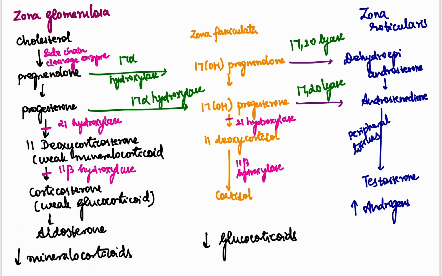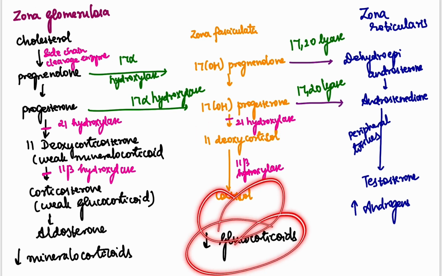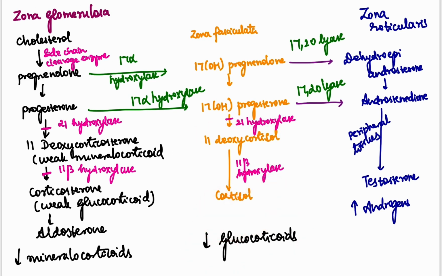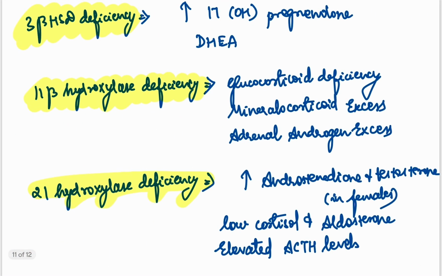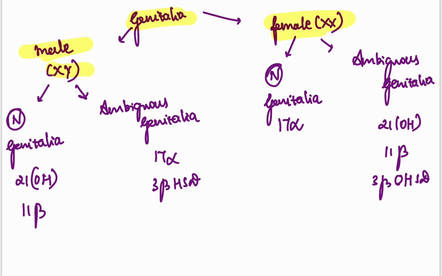And in 11 beta hydroxylase deficiency, 11 deoxycortisol is elevated, cortisol is not produced, so there are decreased glucocorticoids. Again everything is converted into dehydroepiandrosterone, androstenedione and testosterone, so there are increased androgens. That's the reason in 11 beta hydroxylase deficiency there is increased testosterone, ambiguous genitalia in females, and normal genitalia in males.